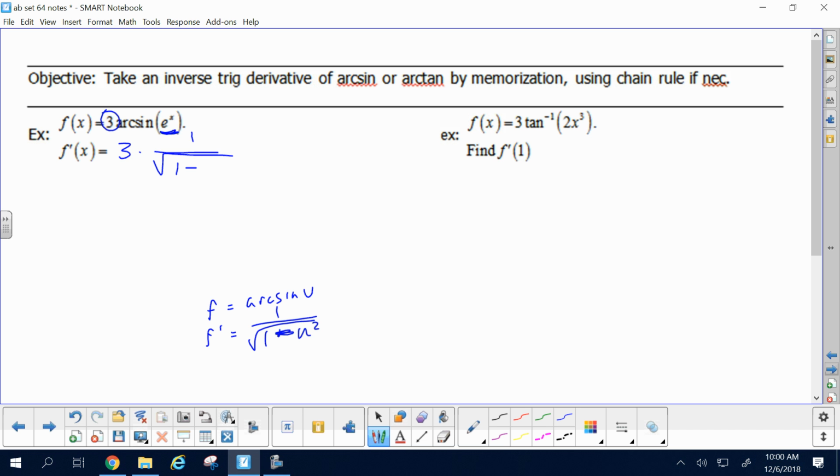So in this case, e to the x quantity squared. But then, by chain rule, I have to take the derivative of the inside, so times e to the x. So in arcsine, I expect you to just know the derivative and use chain rule or product rule as necessary. Try this one, please.